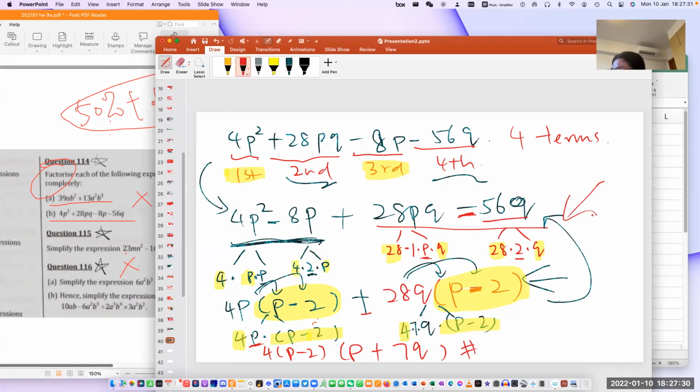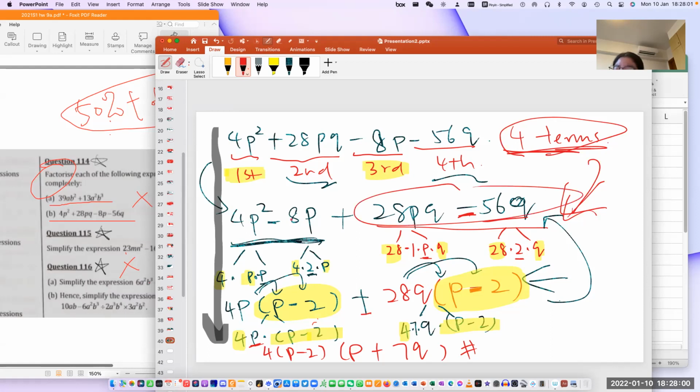But as you do more often, then you will feel that this is a piece of cake. But the most important thing is, do you understand this flow or not? Do you understand this flow? All right. So if next time you have a question and you have 4 terms, think of this. 4 terms, think of this.